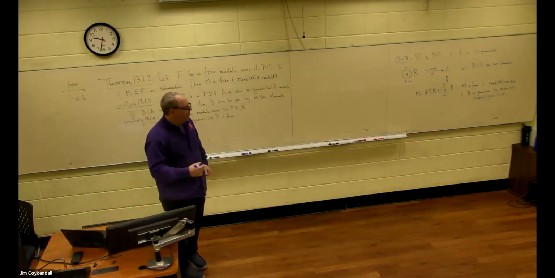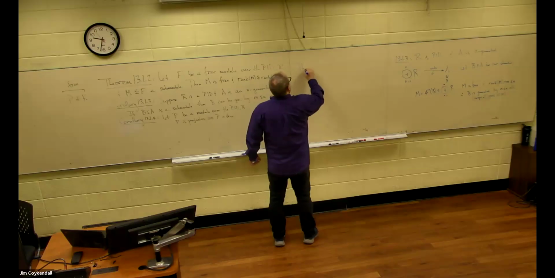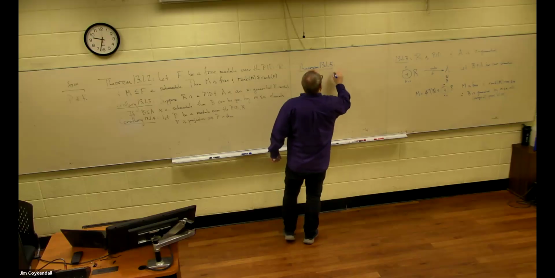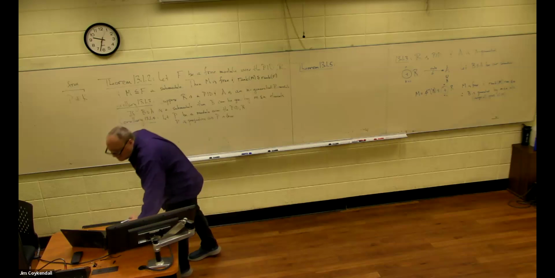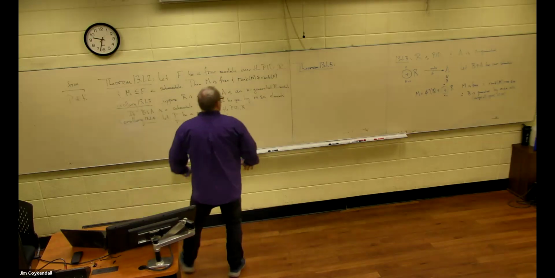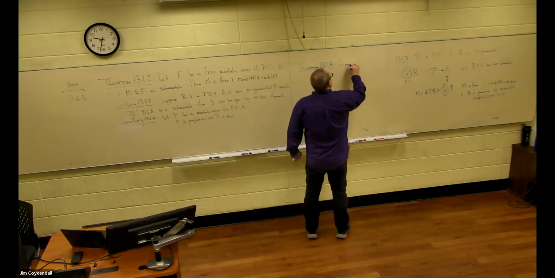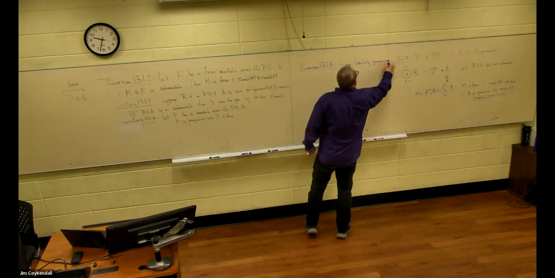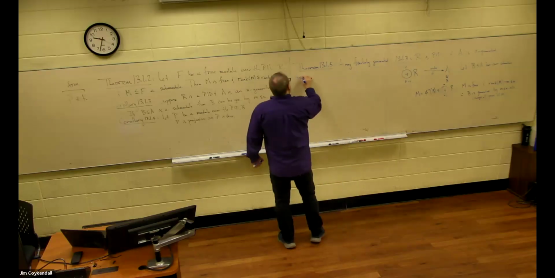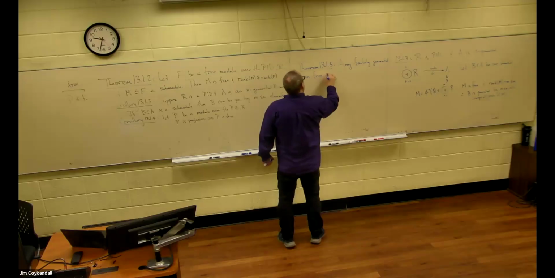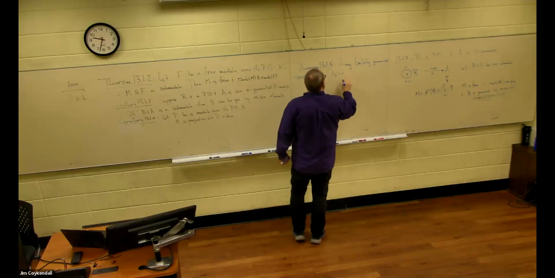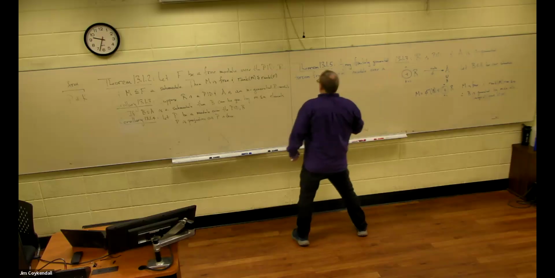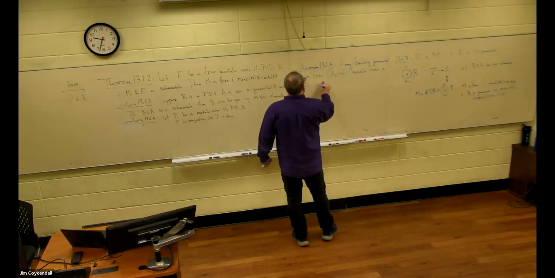Theorem 13.1: any finitely generated torsion-free module over a principal ideal domain is free. Torsion-free means that AT is 0.